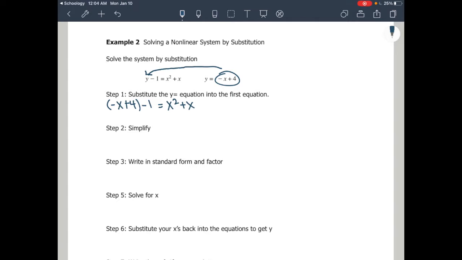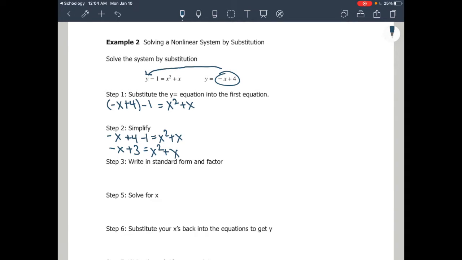And then the next part says to simplify. I put it in parentheses just in case I had to distribute, but here I didn't have to, so I'm just going to rewrite it and simplify if possible. Here I'm able to combine the 4 minus 1, so negative x plus 3 equals x squared plus x.